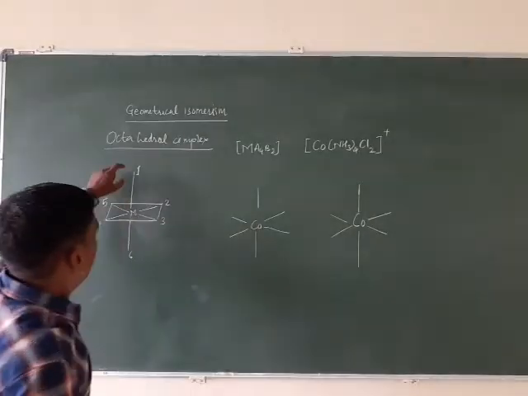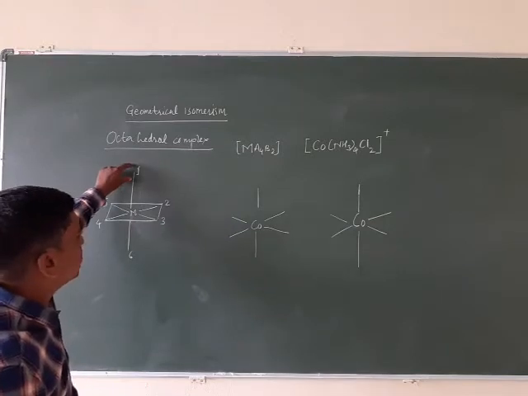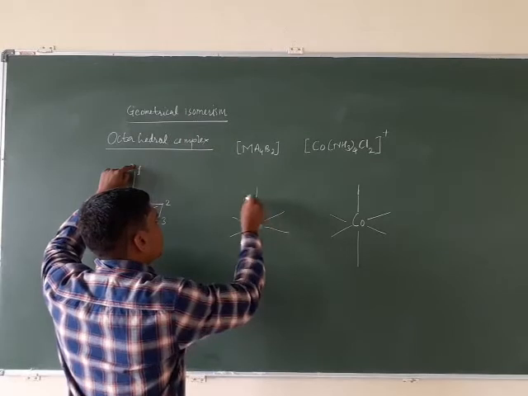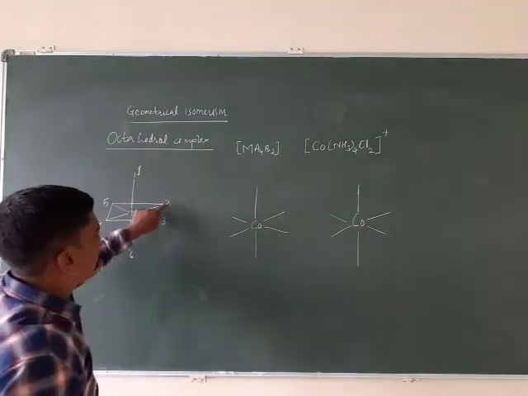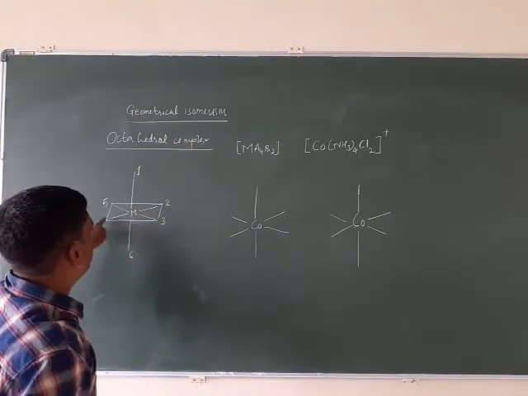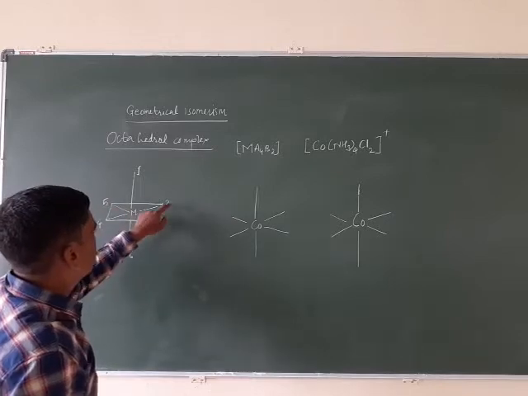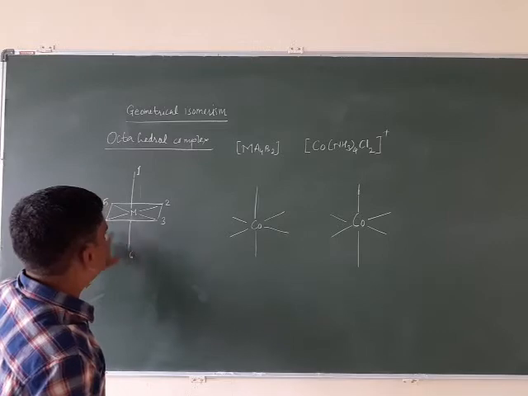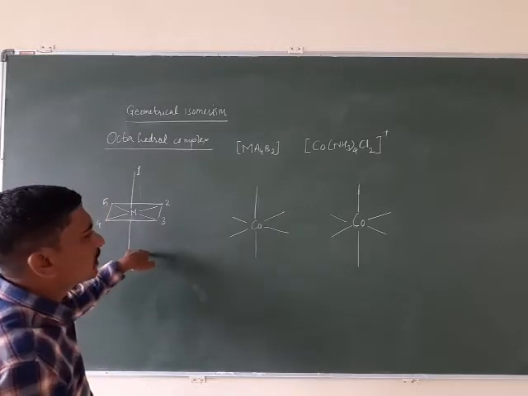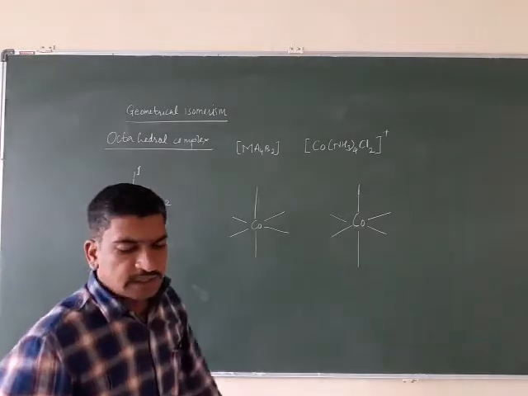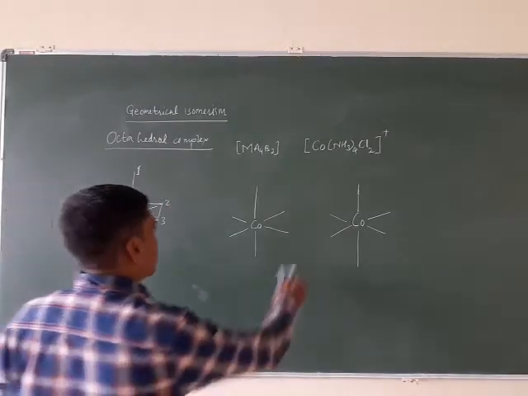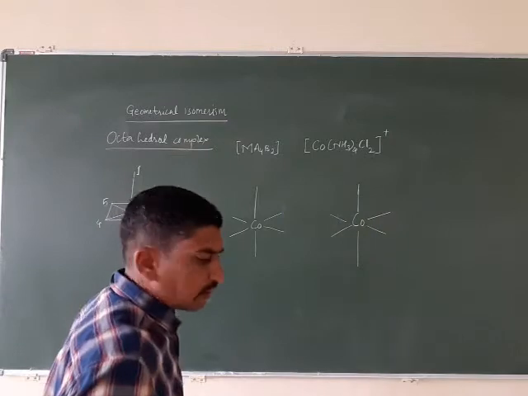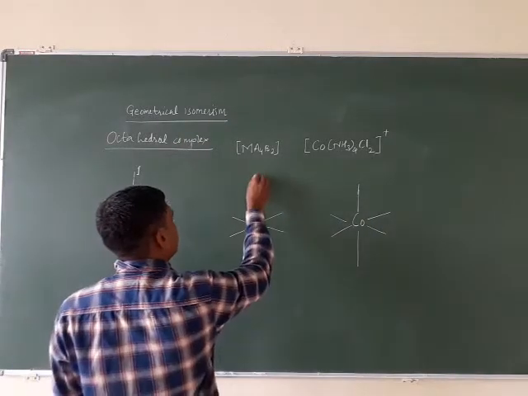As we discussed in the last lecture, the cis positions are either 1 2, 2 3, 3 4, 4 5, or 5 2, or 2 5. These are cis positions, or 4 6, 5 6, 3 6, 2 6. These are all cis positions. So we can draw the identical ligands at any of these positions.